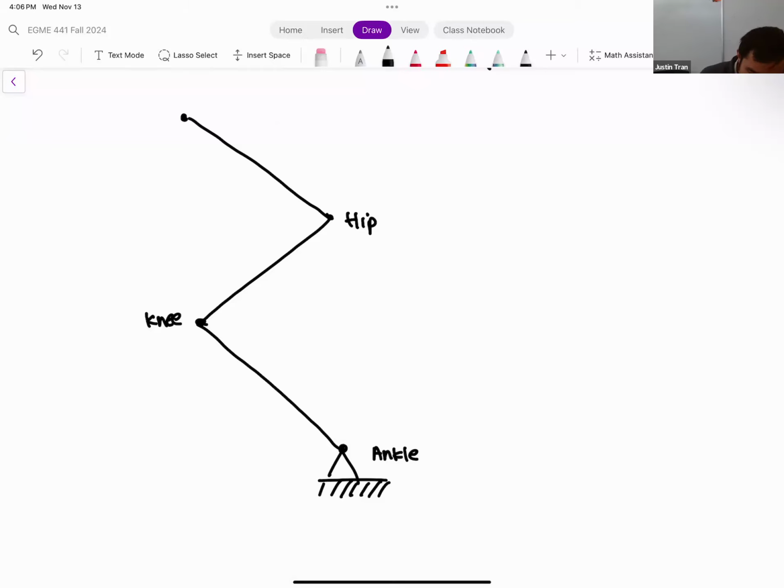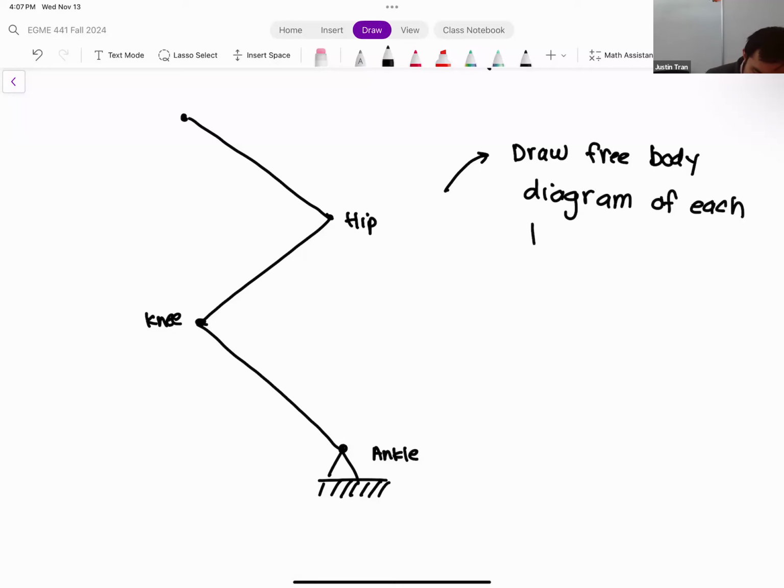Basically, our strategy here is to build a free body diagram of each segment of the person's body in this diagram. That's going to include all of the forces acting on each of those body segments, including external forces, weight forces, things like that.